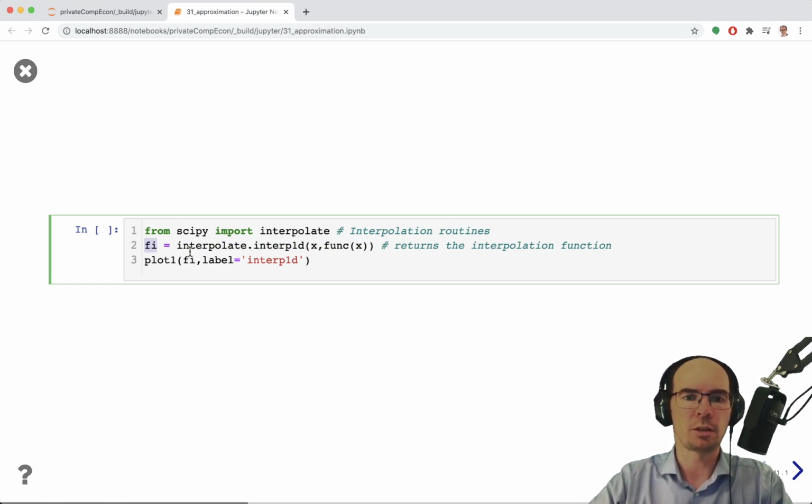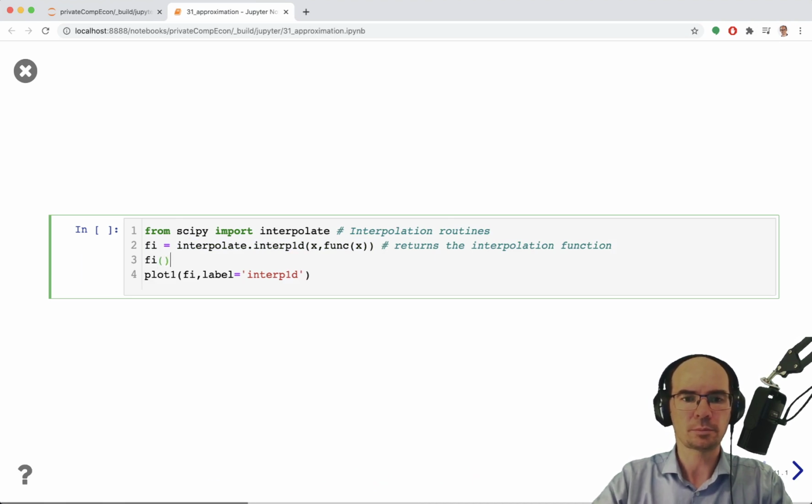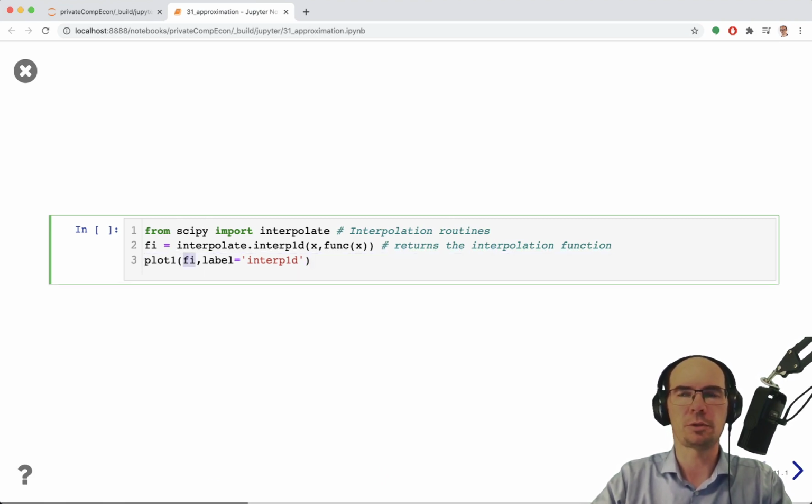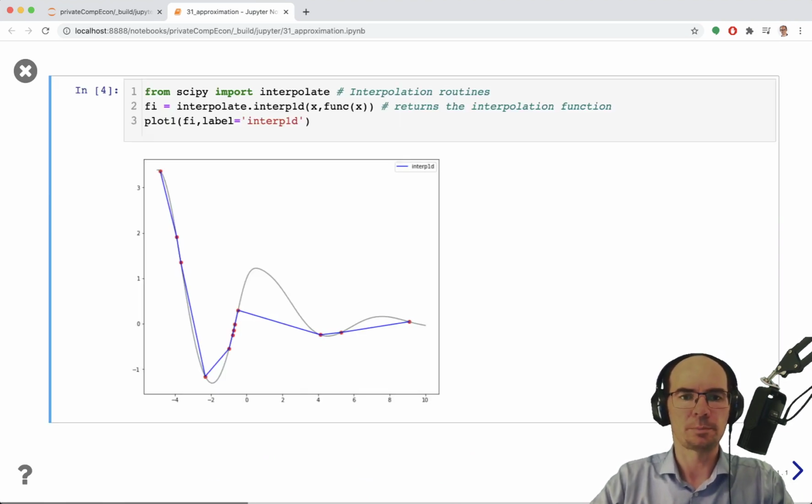And now we can call this fi with different values, you know, fi of 0 or fi of 0.5 and so forth. Instead, we're just going to give this fi as a function to our plotting routine to get a picture like this. In gray, again, is the function that we wanted to interpolate, and the interpolation is computed according to this blue line.